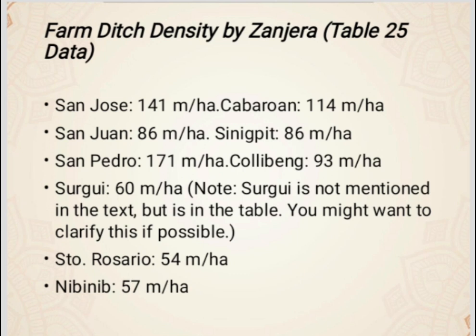Note, Surigui is not mentioned in the text, but is in the table. You might want to clarify this if possible. Santo Rosario has 54 meters per hectare and Nibinib 57 meters per hectare.